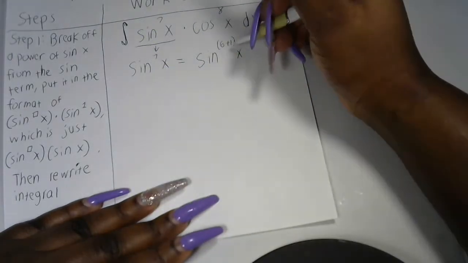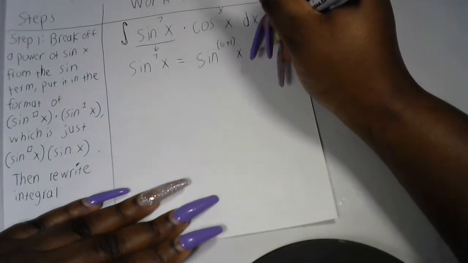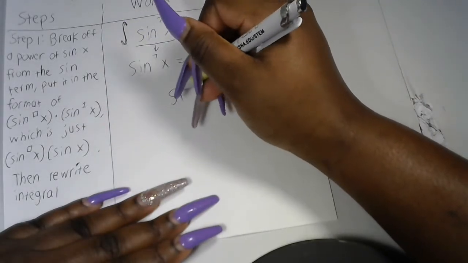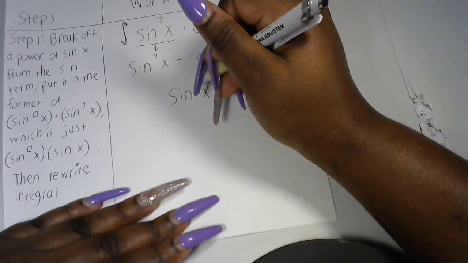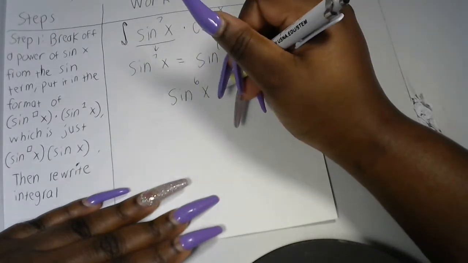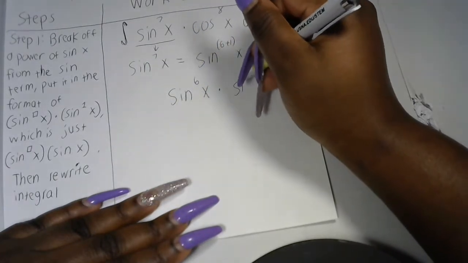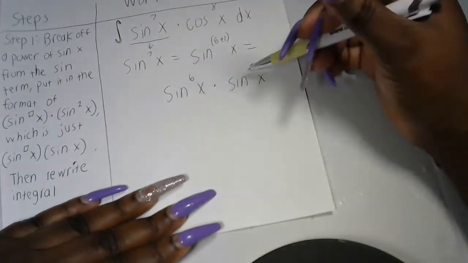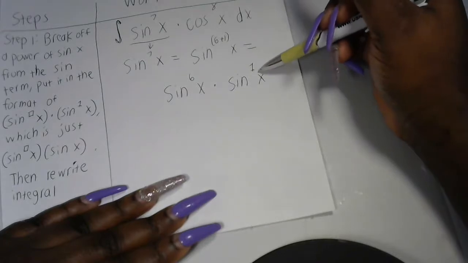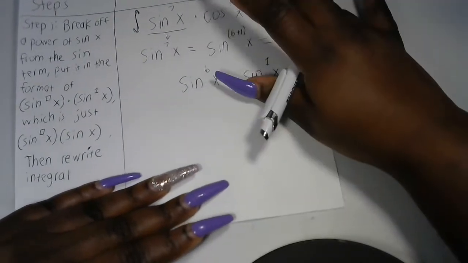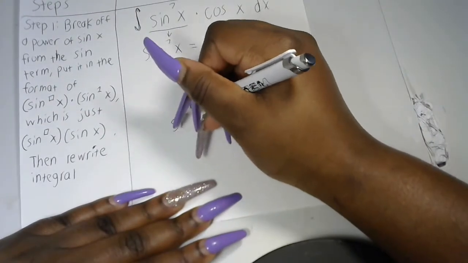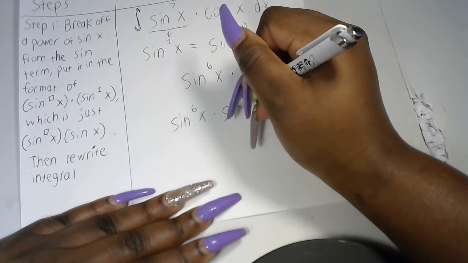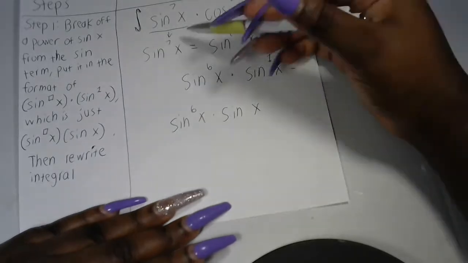Sine x to the power of 6 plus 1 is the same thing as sine x to the 6th power times sine x to the 1 power, which is sine x to the 6th times sine x. So we utilized rule 1 here.